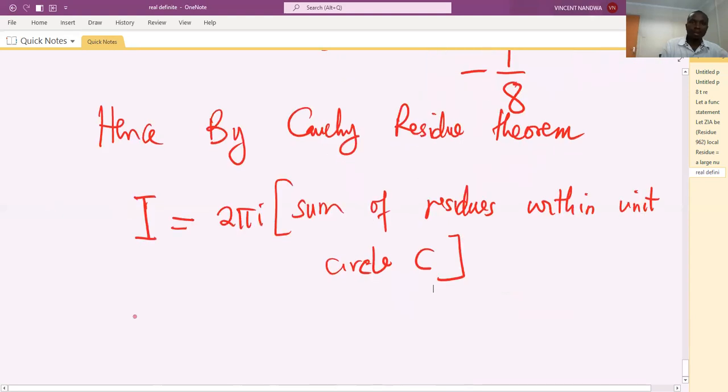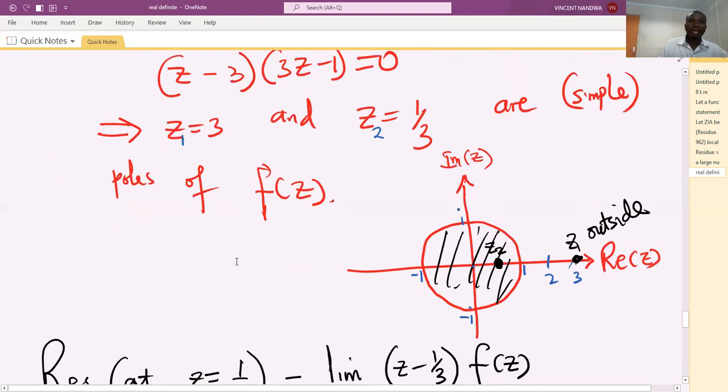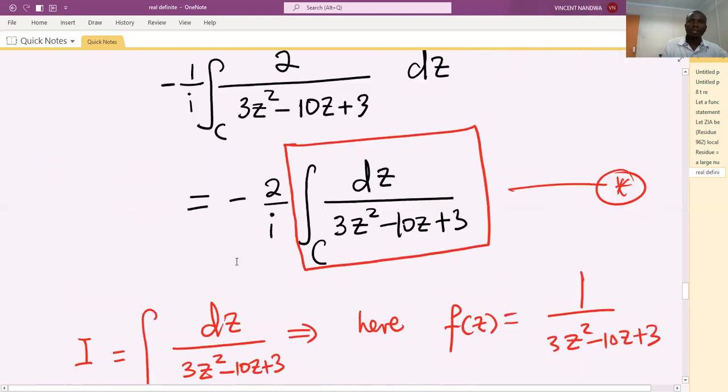So I is given by 2 pi i times minus 1/8, which will give us minus pi i over 4.